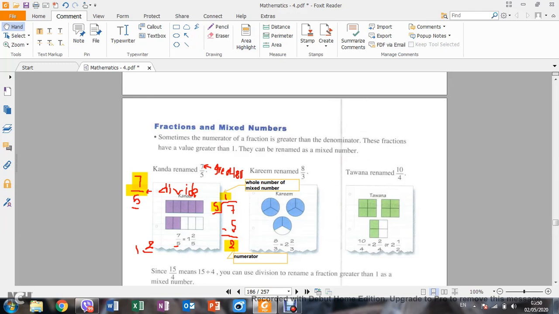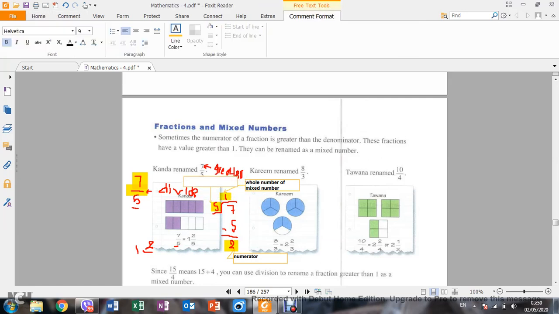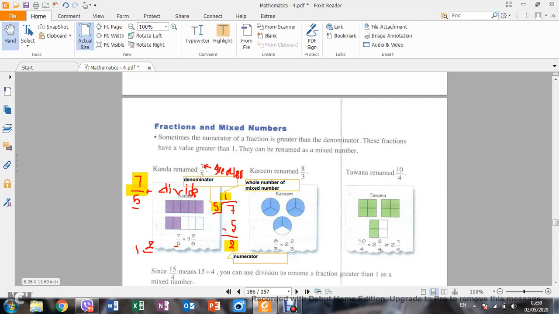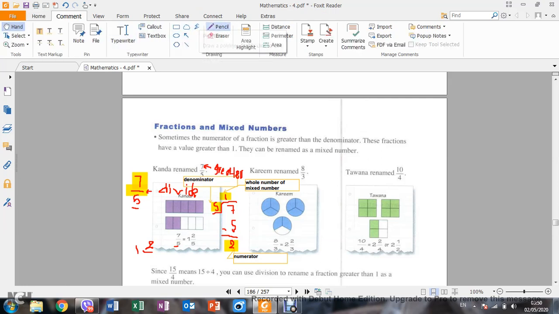Look, our divisor is the denominator. Okay, so I'll write 5.